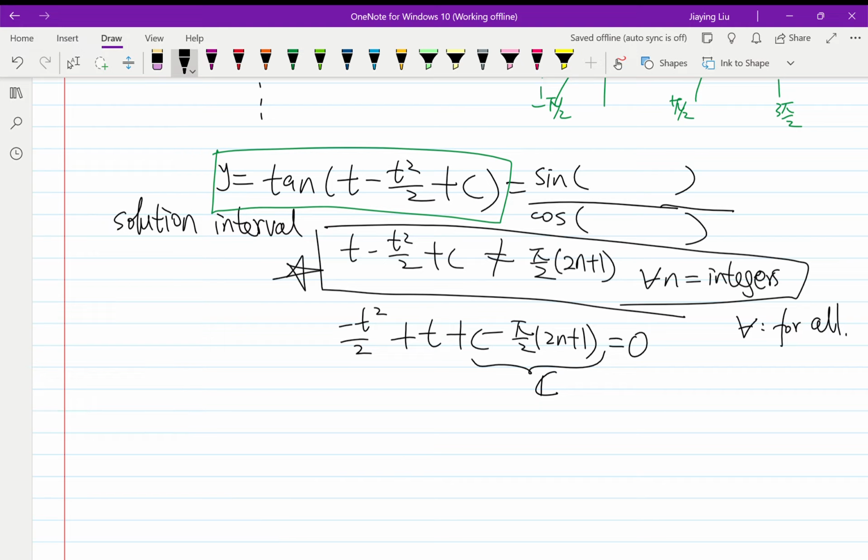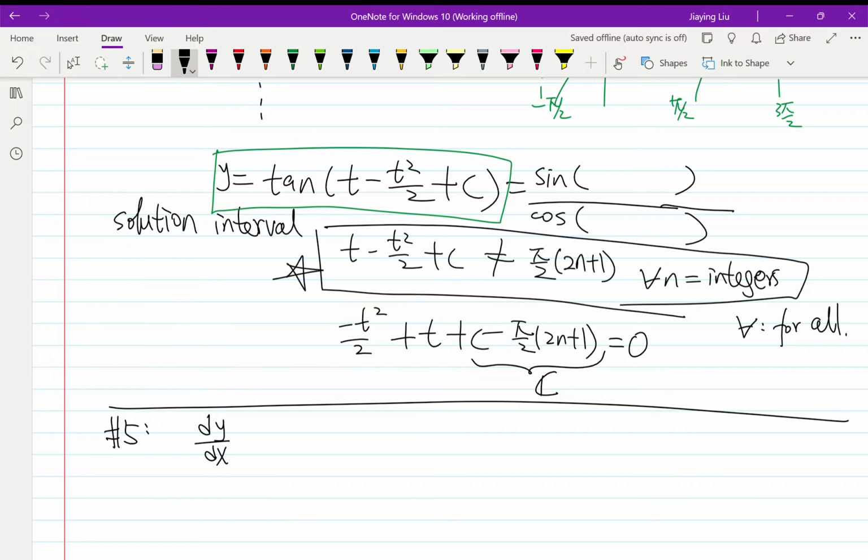I think I should mention number 5 in the homework, just in case when you work on it. We're given that dy/dx equals e to the x plus y plus 3. I'm not going to show you the first work.